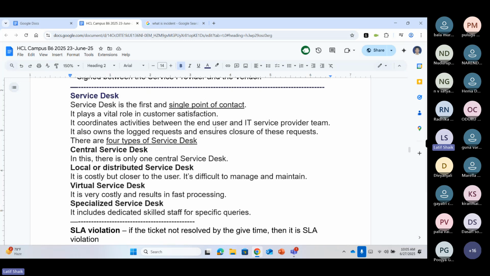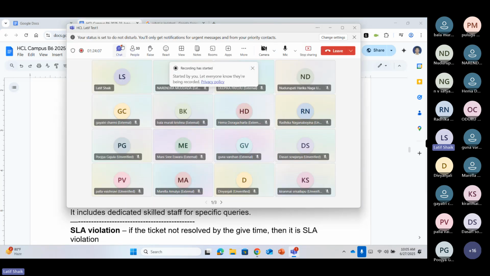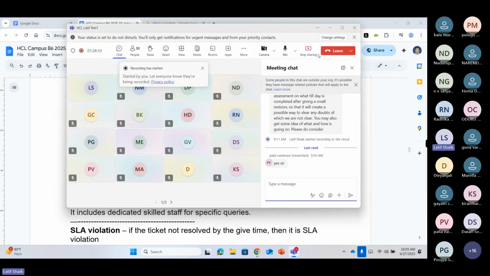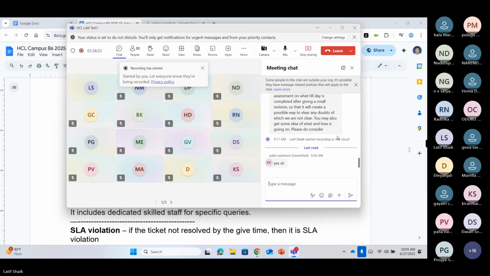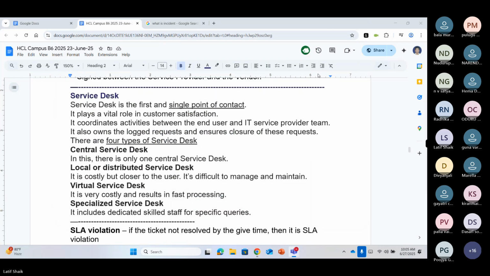Central service desk. What is central service desk? It is a single point for my entire organization, my entire service.